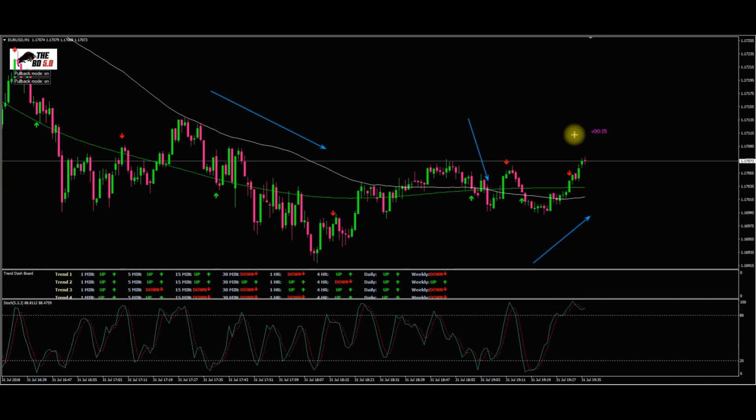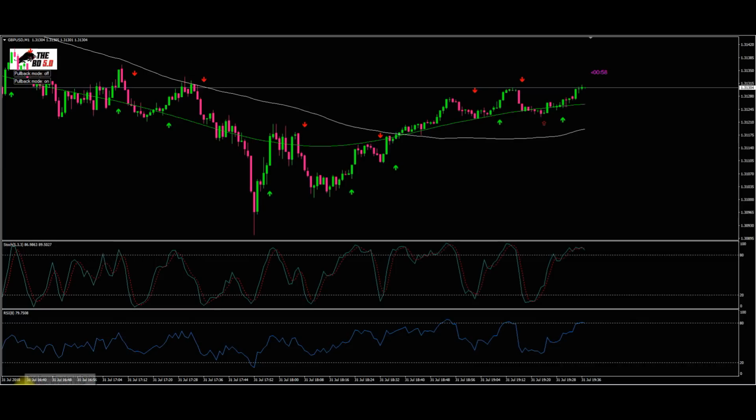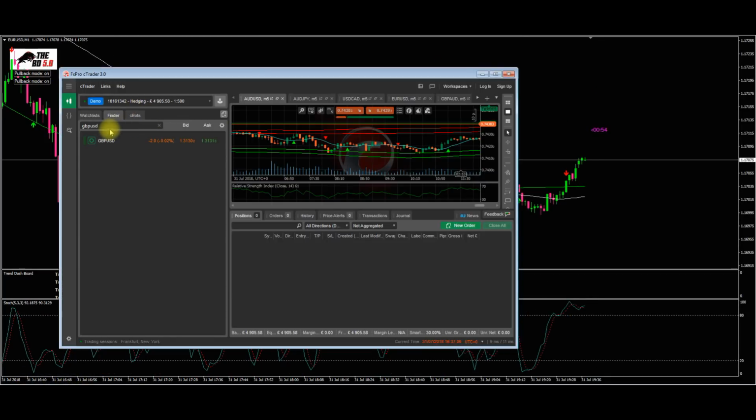So what do I want to do? I want to wait for the price to pull down something like this. Same again with the RSI, something like that. So what is this? Euro USD. Okay. Let me load up Euro USD.